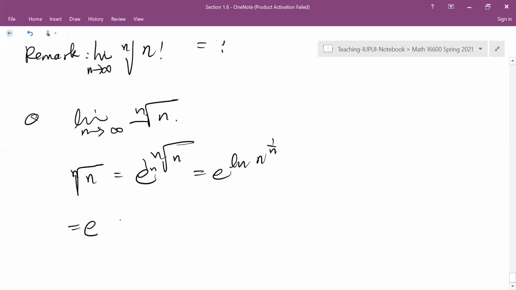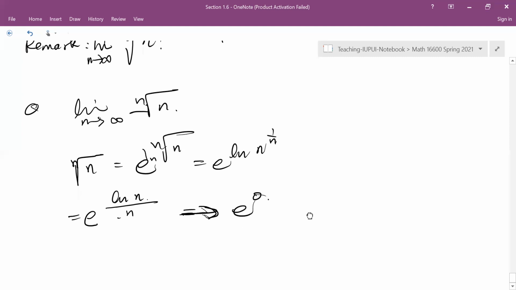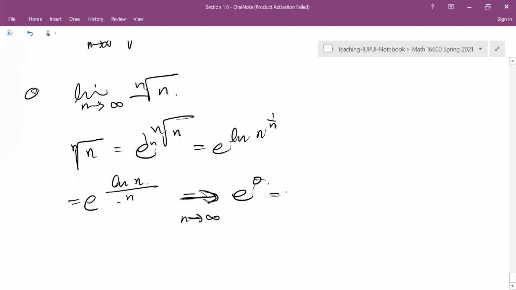So that is going to be natural log of n divided by n, and the limit is going to be 0. So that's why this approaches 1.